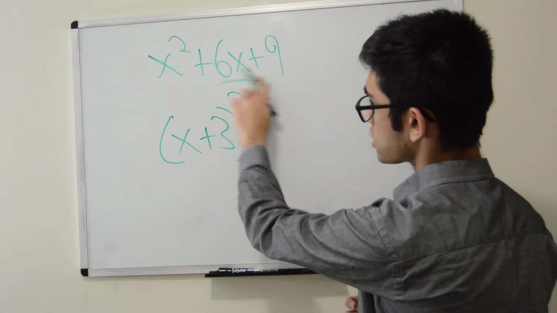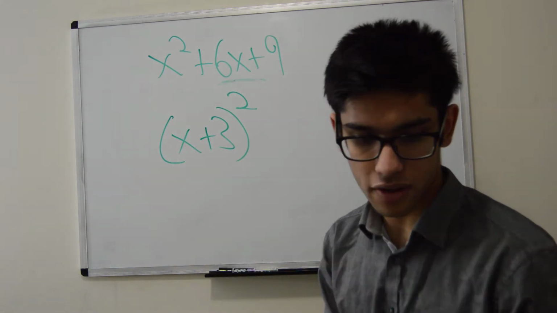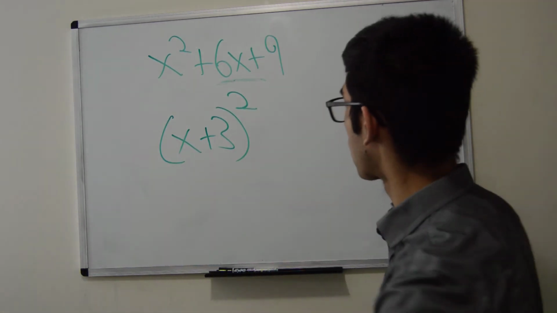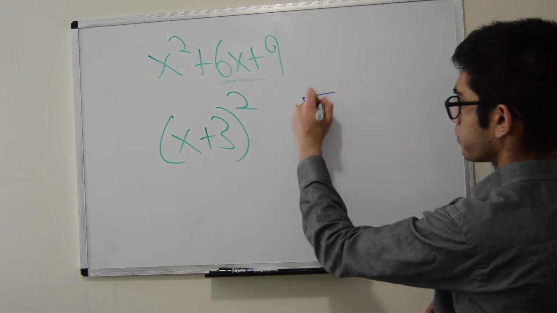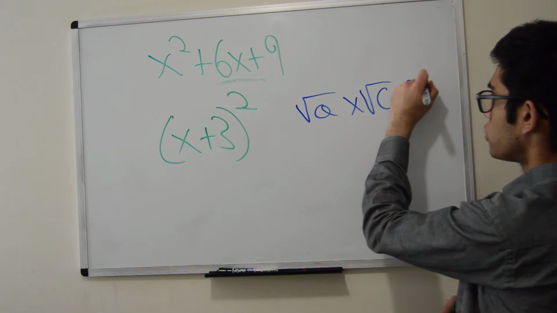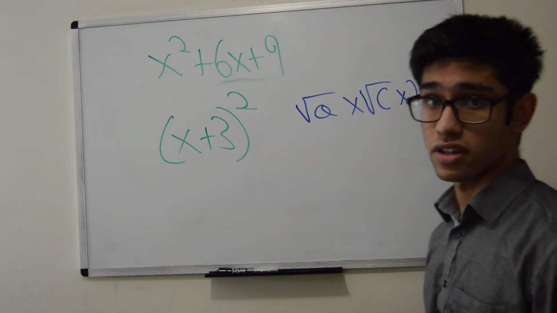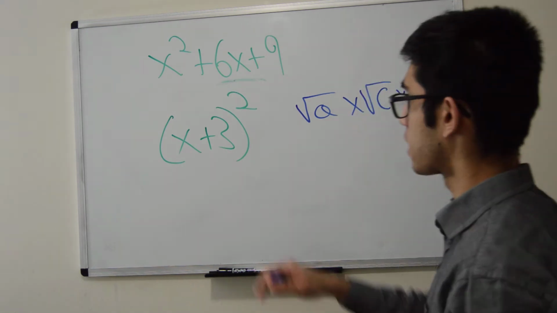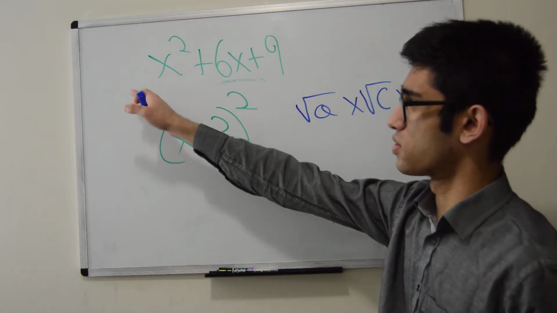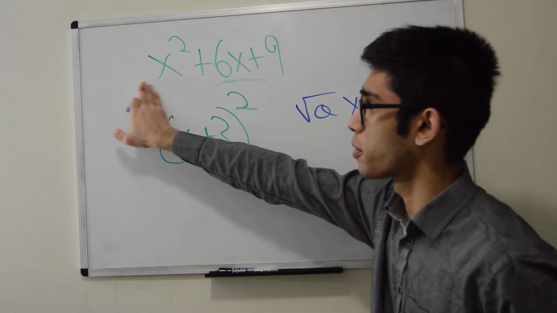For this factoring technique to work, you have to meet a certain set of conditions. The square root of a times the square root of c, multiplied by 2, must equal b. A lot of letters, but all this means is we're talking about the coefficients here.